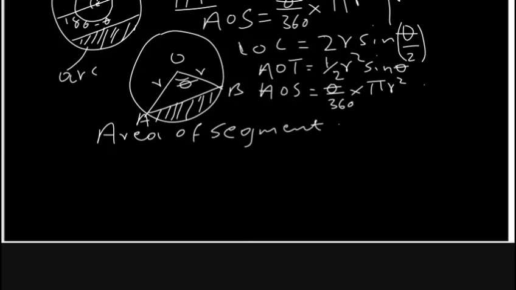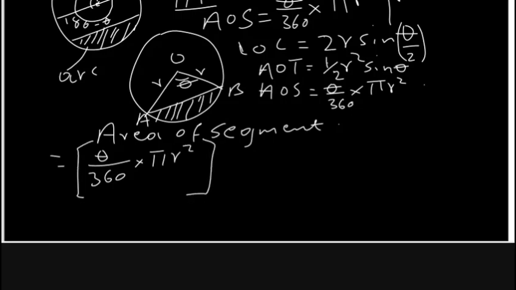Area of segment is now going to be equal to, remember I said that is the area of the sector, which is theta over 360 times pi r squared, then minus the area of the triangle, which is half r squared sine theta.